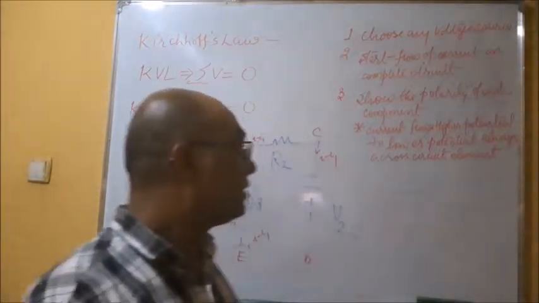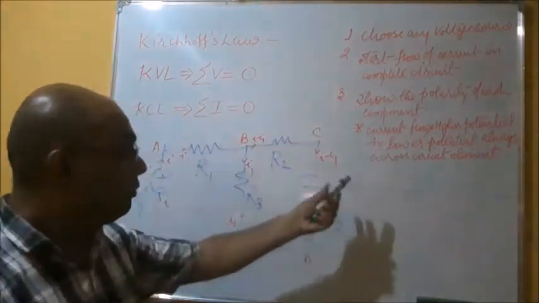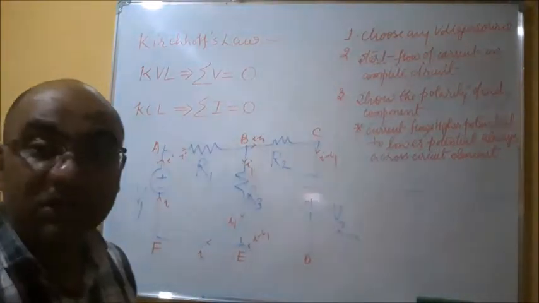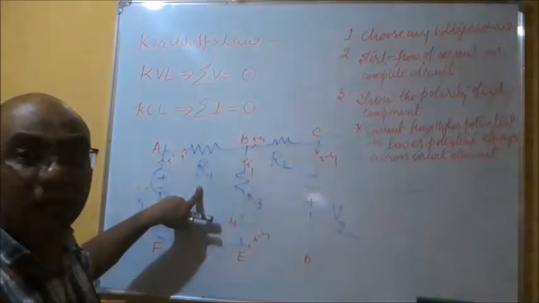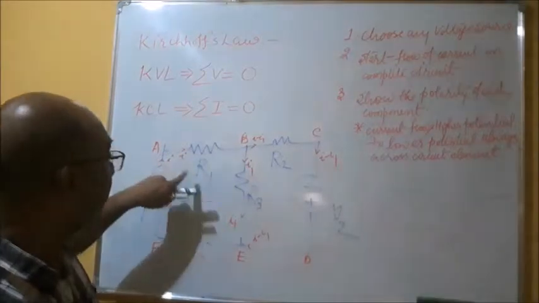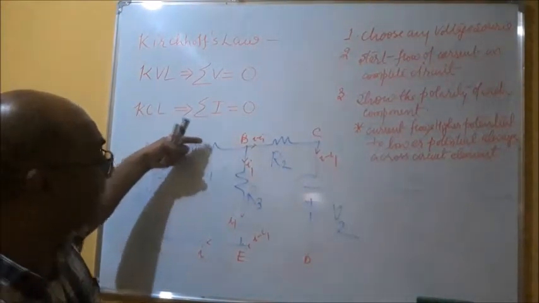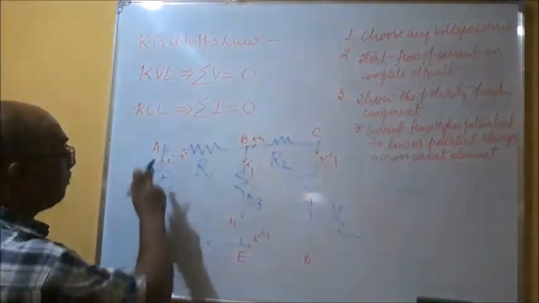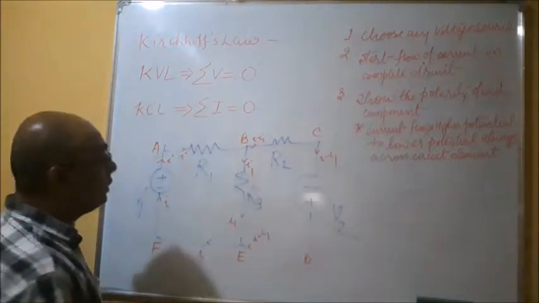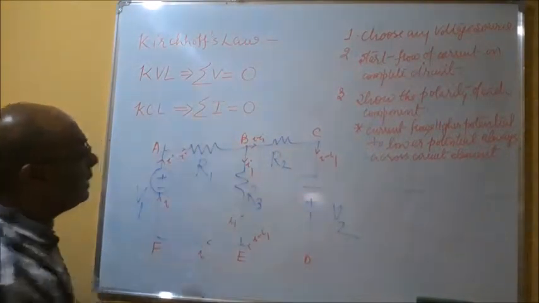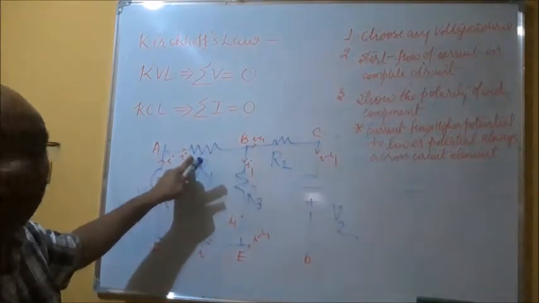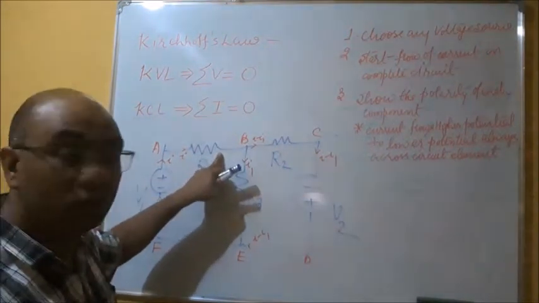So how can you make the polarity now by using this convention? You see, for R1, the current is flowing in this direction from A to B. Since the current is flowing from A to B, this point is at a higher potential compared to this.